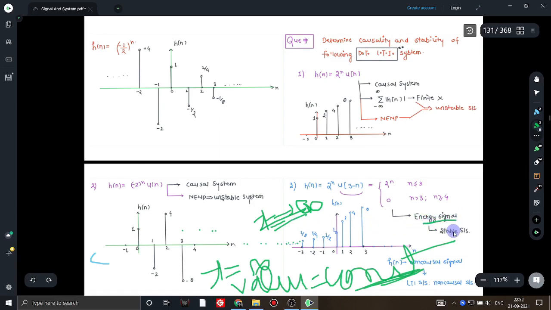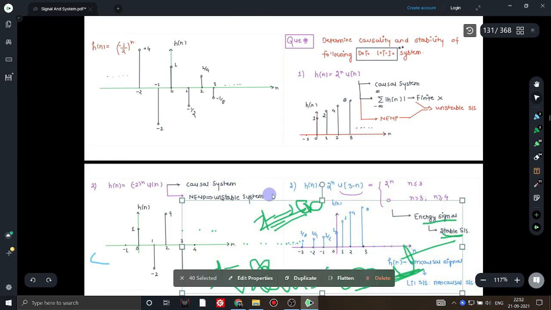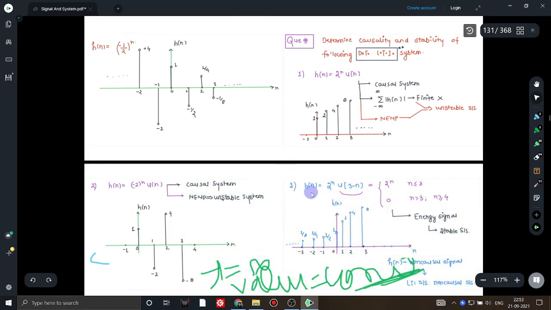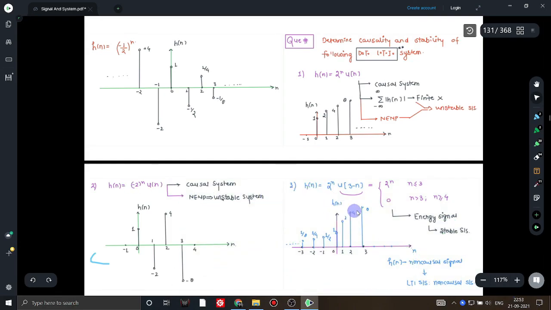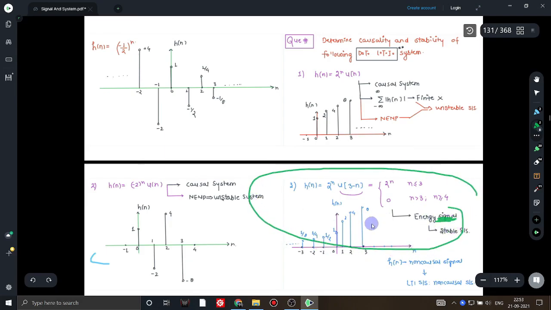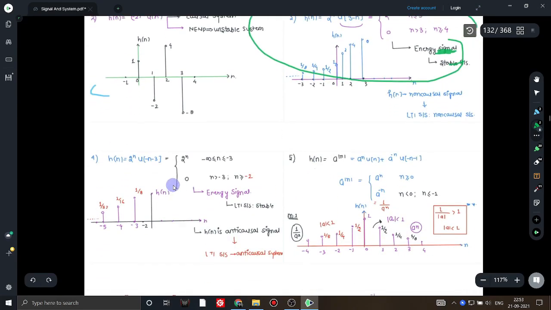So it is an energy signal. So it is a stable signal, because our h[n] is a stable signal. That's why the whole function is a stable system.